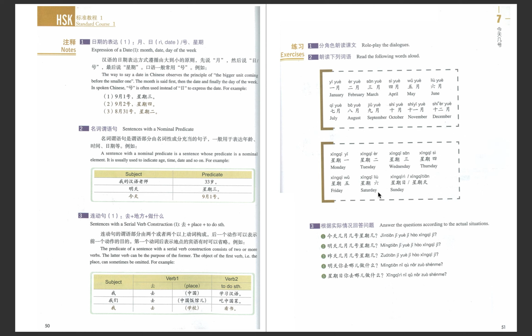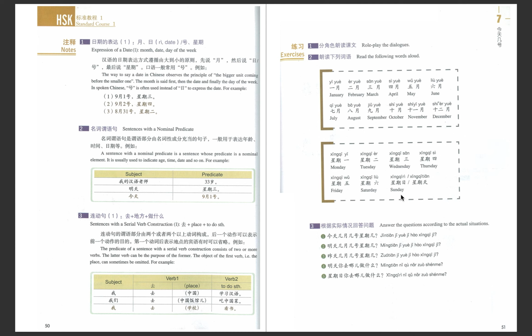And Sunday we will see after counting. 星期一 Monday, 星期二 Tuesday, 星期三 Wednesday, 星期四 Thursday, 星期五 Friday, 星期六 Saturday. So Sunday is the day you go to the church.